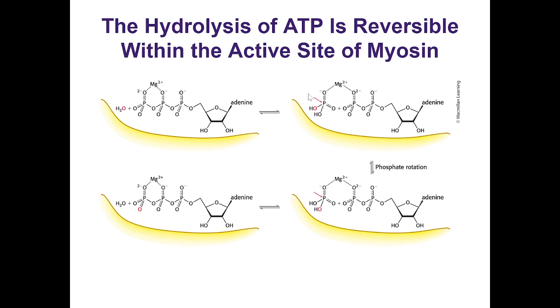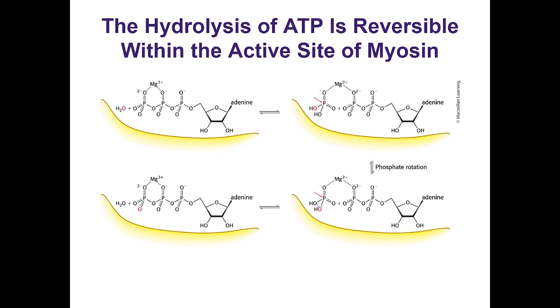Now, because we had a rotation of the phosphates in, there's a very high chance that one of the other oxygens is going to be in the spot that would be the hydrolysis spot, right? And so what we'll see is that over time, you're going to get more and more of that isotopically labeled oxygen attached to that last phosphate, aren't you? Okay? Anybody have any questions about this?